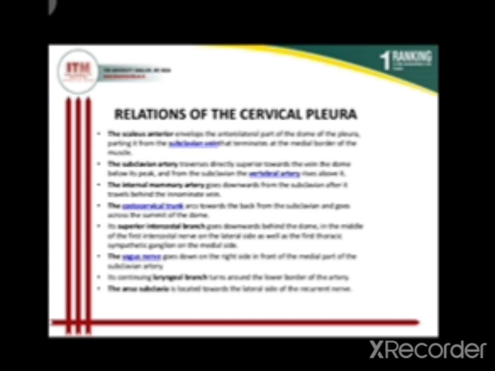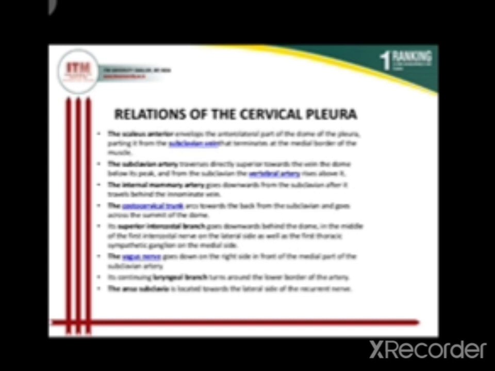So the scalenus anterior muscle envelopes the anterolateral part of the dome of the pleura, parting it from the subclavian vein that terminates at the medial border of the muscle. The subclavian artery traverses directly superior towards the vein and the dome below its peak, and from the subclavian the vertebral artery rises above it.